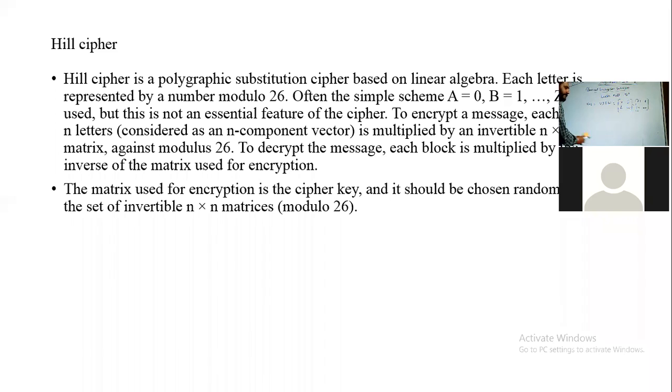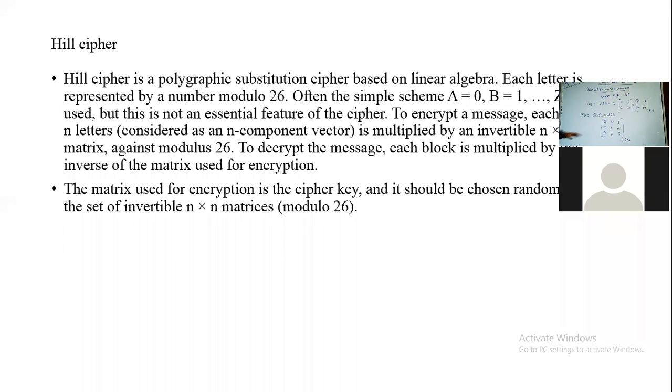Let us suppose we have a key like this: QUICKNESS. If we have a key of letters, QUICKNESS, how to convert this key into matrix form? We can write like this: Q U I, C K N, E S S. It is a 3 by 3 matrix.